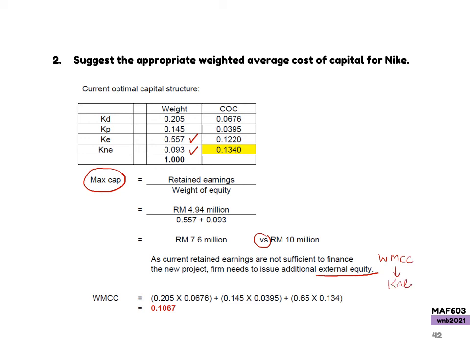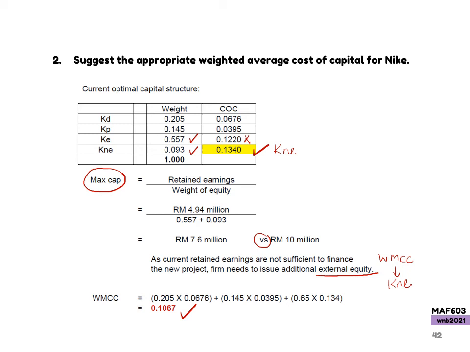So, here untuk E ni, I tak ambil this one. 12.2 ni, I kena ambil 13.40 sebab this one is KNE. Dan dapatlah cari WMCC sebanyak 10.67%. So, hopefully, with this comprehensive illustration, you boleh picture or imagine lah macam mana mula-mula nak kena cari individual cost of capital.